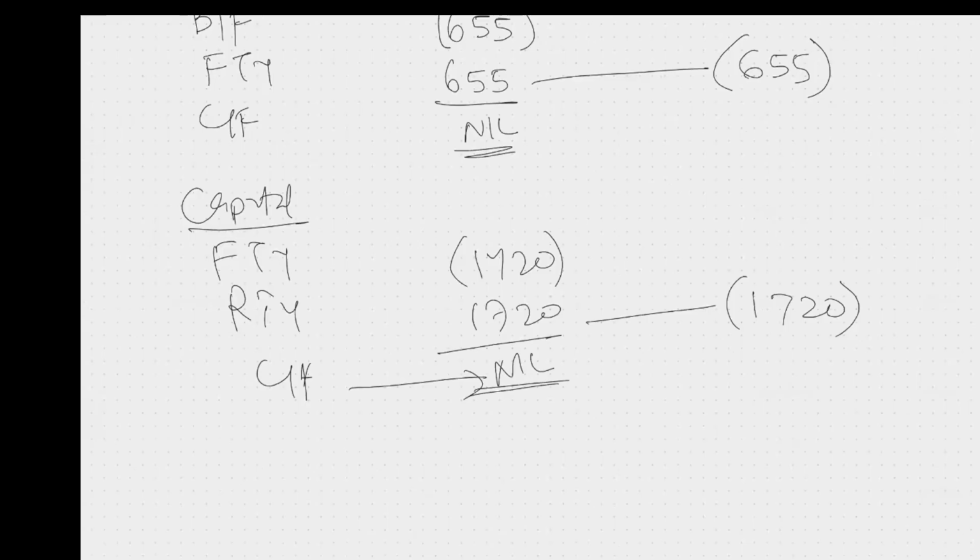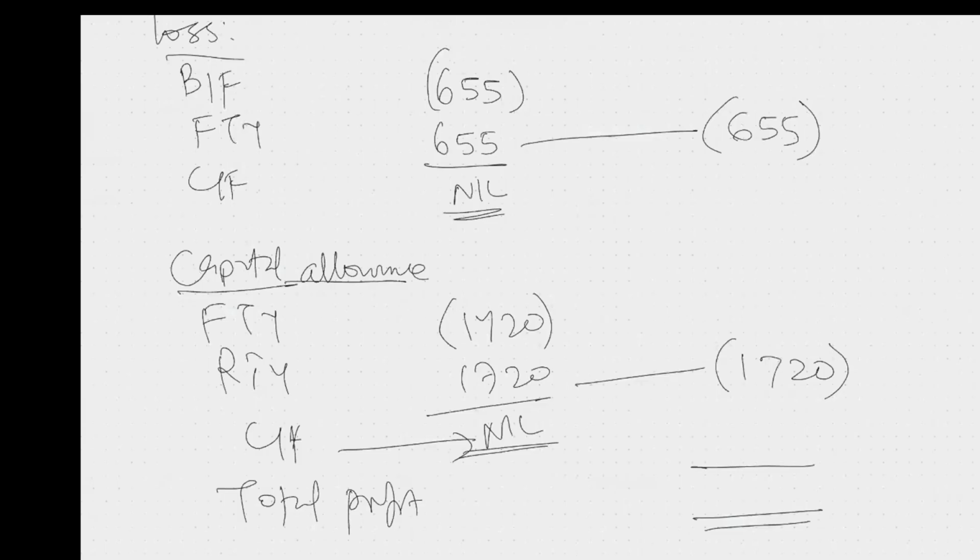So total profits. What was my total profit? The calculation is 93,214, then 90,862.